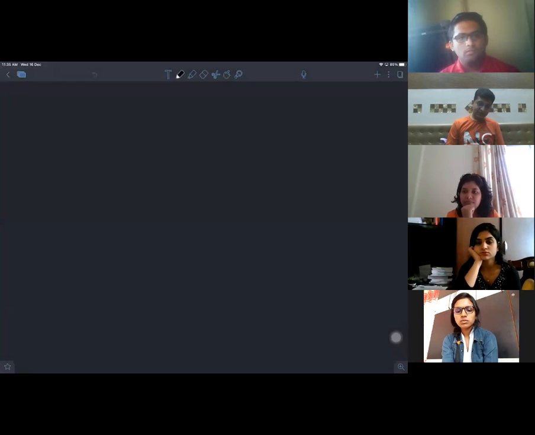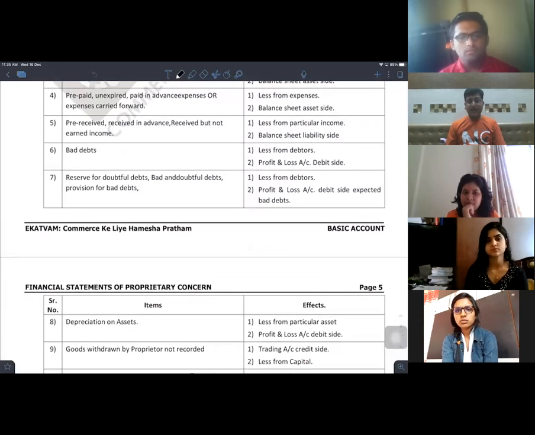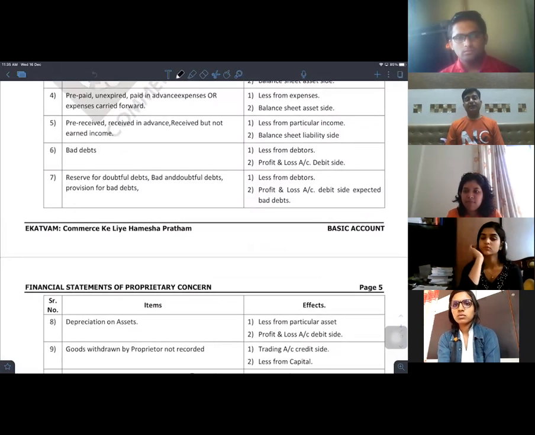that is the adjustment related to the prepaid, unexpired or paid in advance expenses. What do I mean by prepaid expenses? The amount that I have paid to someone without receiving the benefit against that. अब तक मुझे उस पर्टिकुलर अमाउंट का बेनिफिट नहीं मिला है.